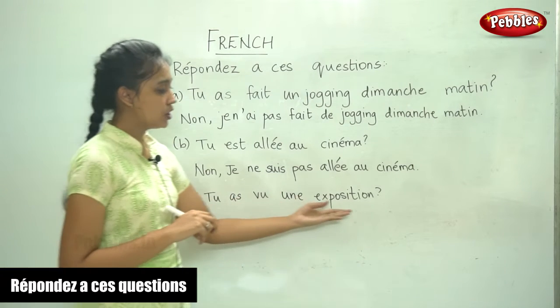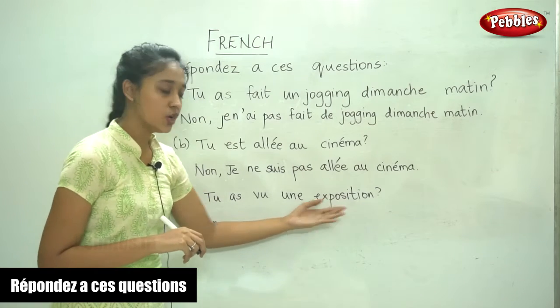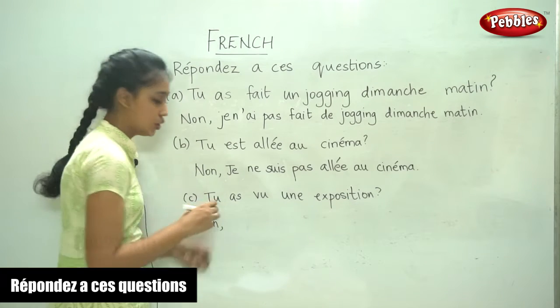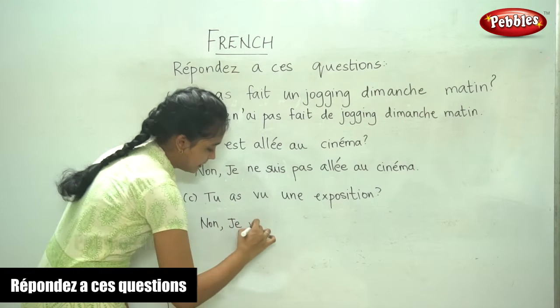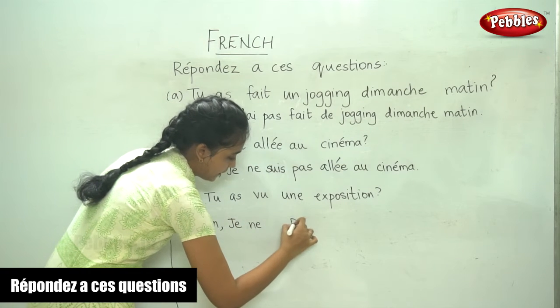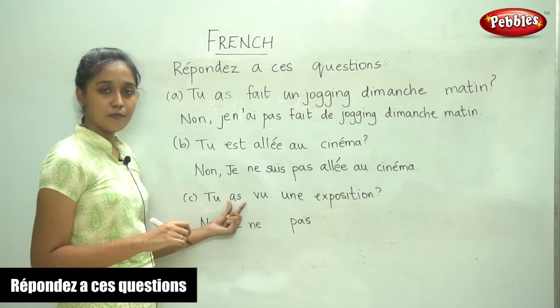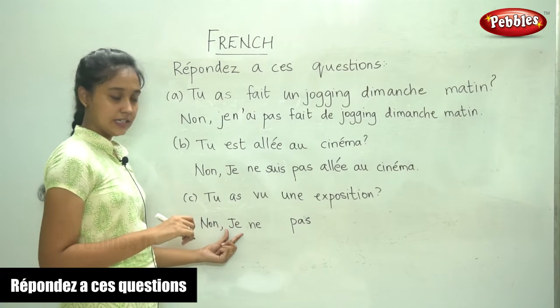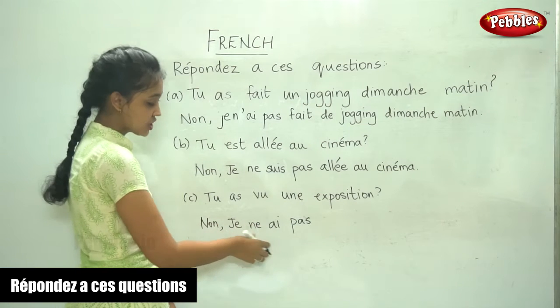The final sentence. Tu as vu une exposition? So again, tu becomes je. We add ne before, pas after. Now the verb here is avoir. For je, it is ai, and there's a vowel clash.